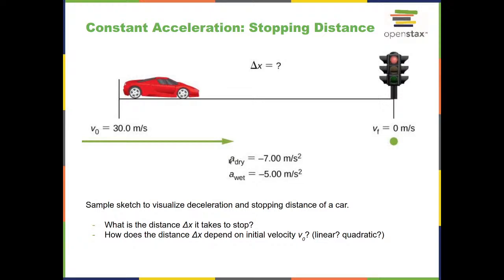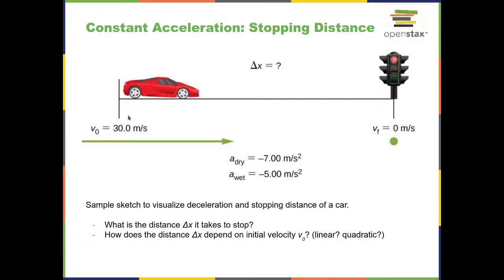The car can undergo an acceleration that is larger when the roads are dry than when the roads are wet. Let's say that when the roads are dry, we have an acceleration of minus 7 meters per second squared. So the question is, what is the stopping distance that this car will experience? What's the distance before the car comes to a complete stop at this stoplight, hopefully in front of the stoplight, when it starts off at 30 meters per second?